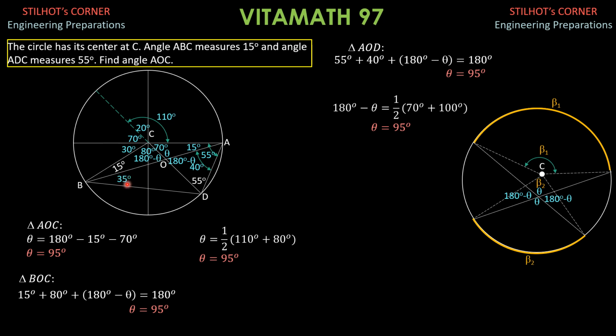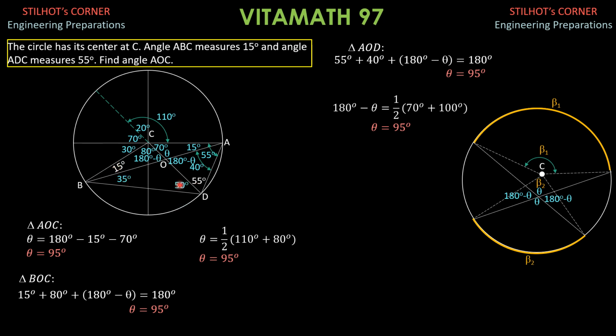Another way of explaining that this is 35 degrees is that this is a peripheral angle subtending arc AD, and this arc AD occupies an angle equal to 70 degrees. Remember the principle. Therefore, this angle is 1/2 of 70 degrees, which is 35 degrees. This must be 50 degrees because triangle BCD is isosceles: 15 plus 35 is 50.